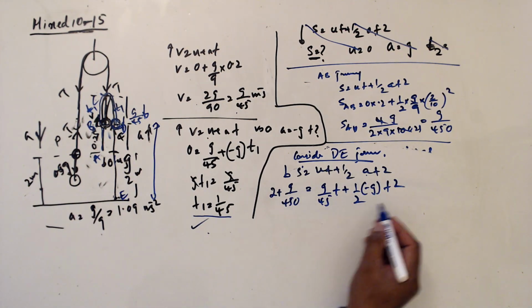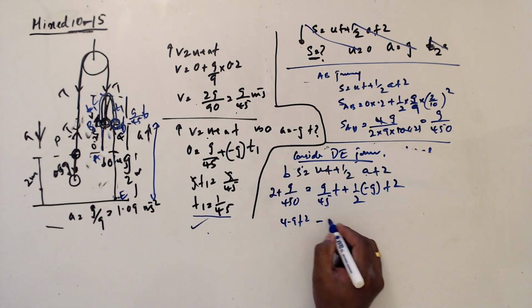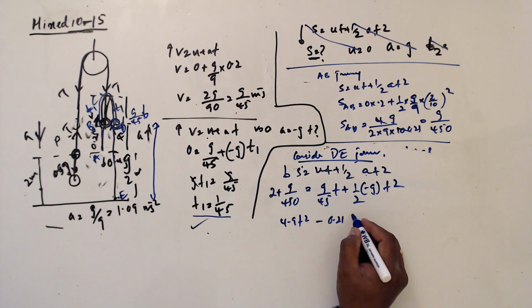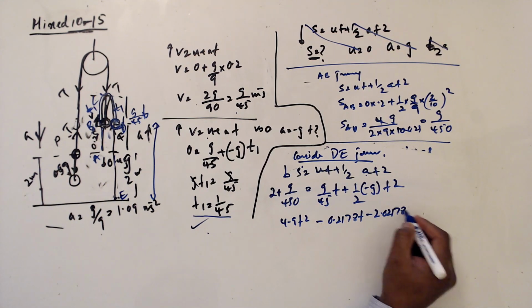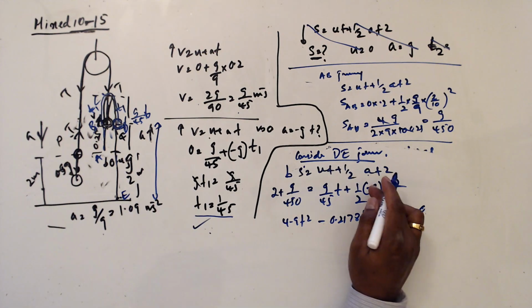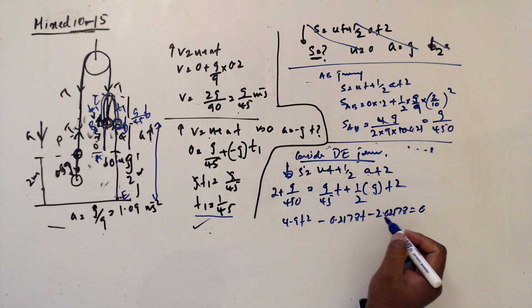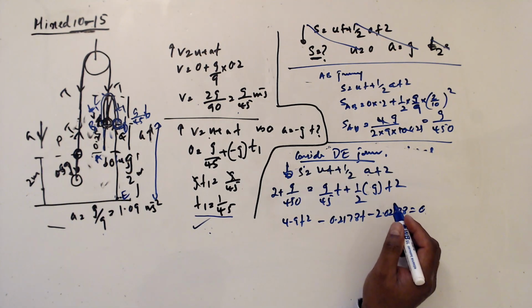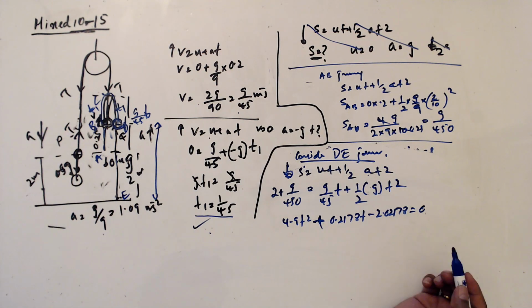So when we solve this one, we will get an equation: 4.9 t squared minus 0.2178 t minus 2.0217 t equals 0. This has to be positive g because I am putting it this way. So this value is positive and this is negative.